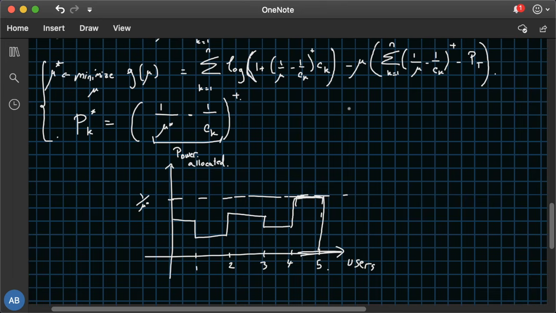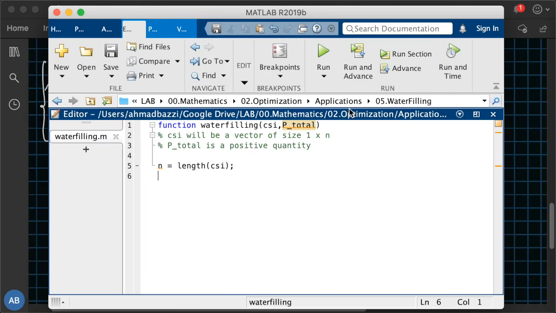We'll do this without having to write a loop, because MATLAB is so slow when you write a loop and so fast when you do smart matrix-vector computation, so we're going to do the latter. That said, let me create a mu axis, which is positive.